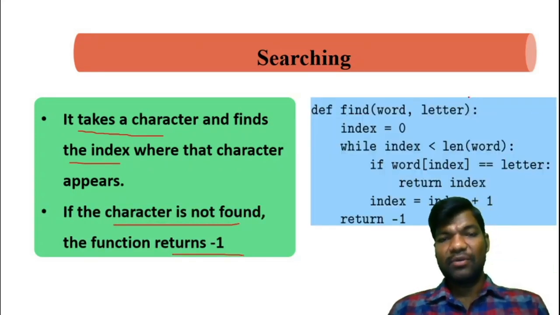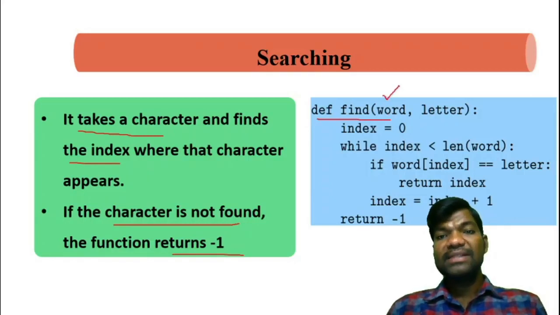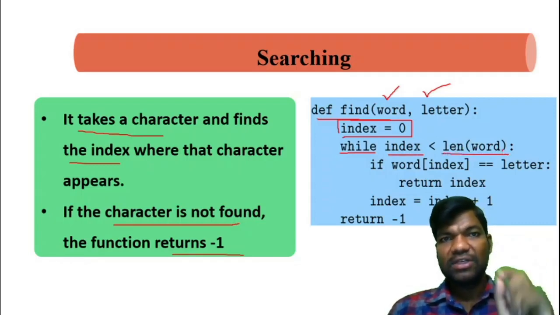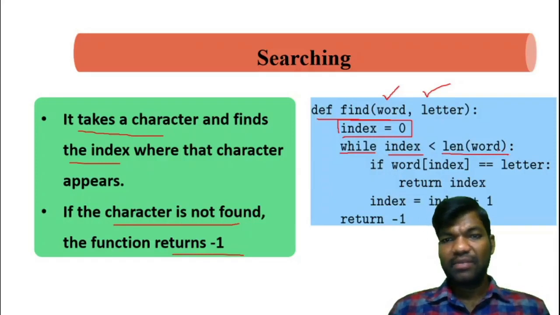Let's check the example. Create one function, find. How many arguments here? Word and letter. Take index value as 0, while index is less than the length of word. That must be true, otherwise searching is not possible.